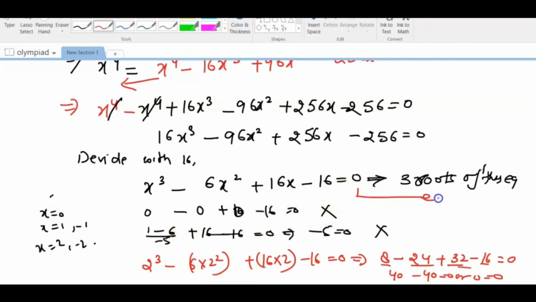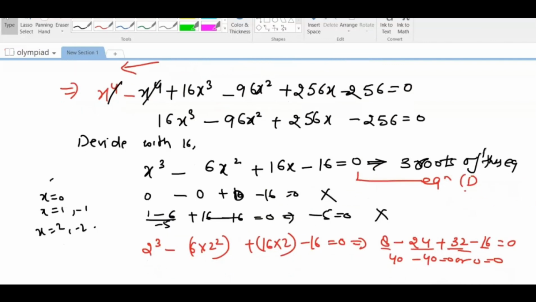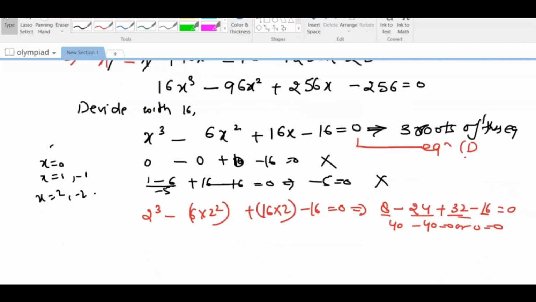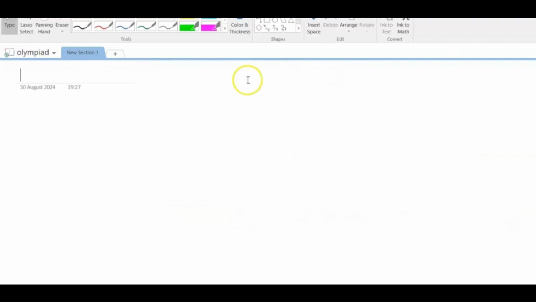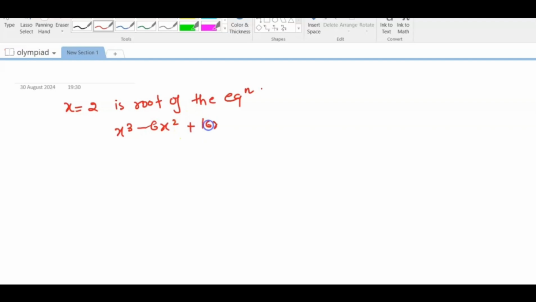Let's name this equation 1. Hence, this is the root of equation 1. So what we get is that x is equal to 2 is a root of the equation x cubed minus 6x square plus 16x minus 16 is equal to 0.